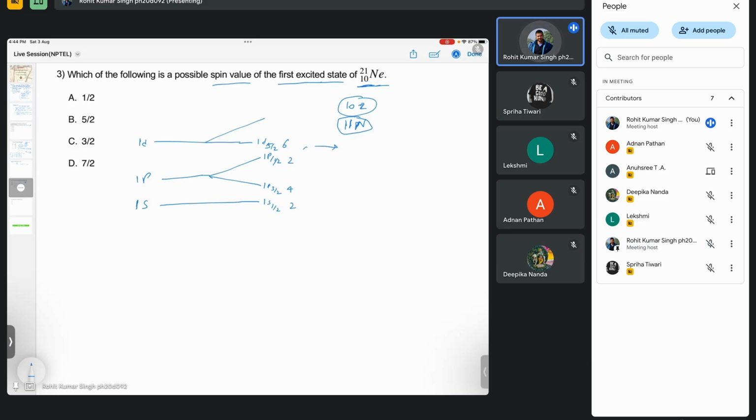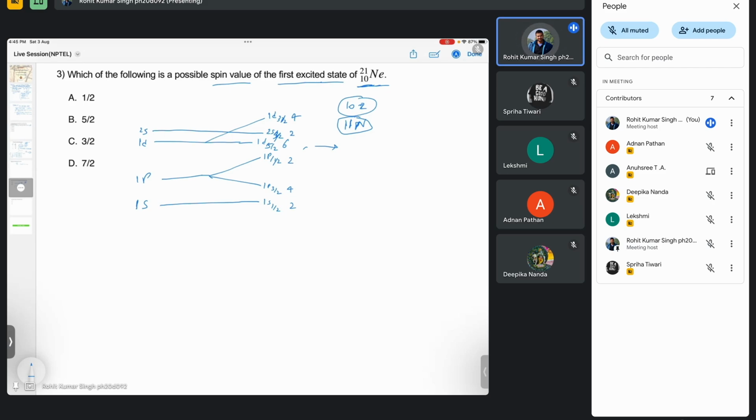So again we have to write this because we want to calculate the excited states, right? 1d 3 by 2, and then there is a 2s state which comes in between. Its energy is lower than the 1d 3 by 2 state, so here 2 will go, and then here 4 neutrons or protons can go.